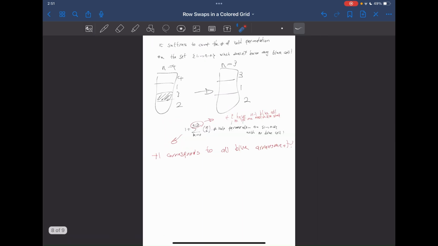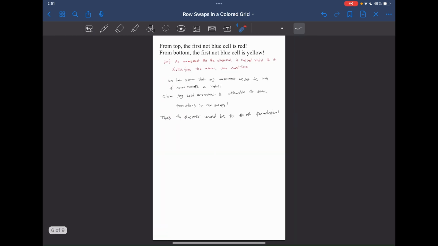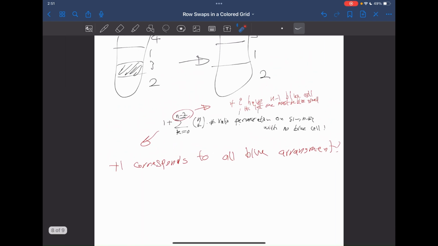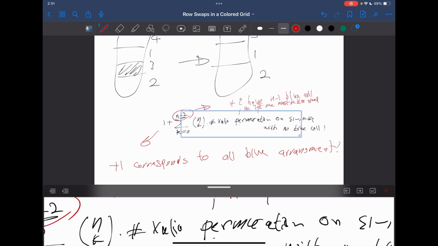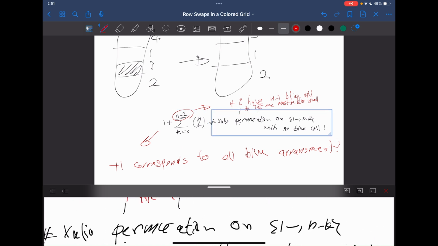So I just need to go back and compute the sum that I showed you, right? I need to compute this sum. And so what's the number of valid permutations on the set 1 to n minus k?